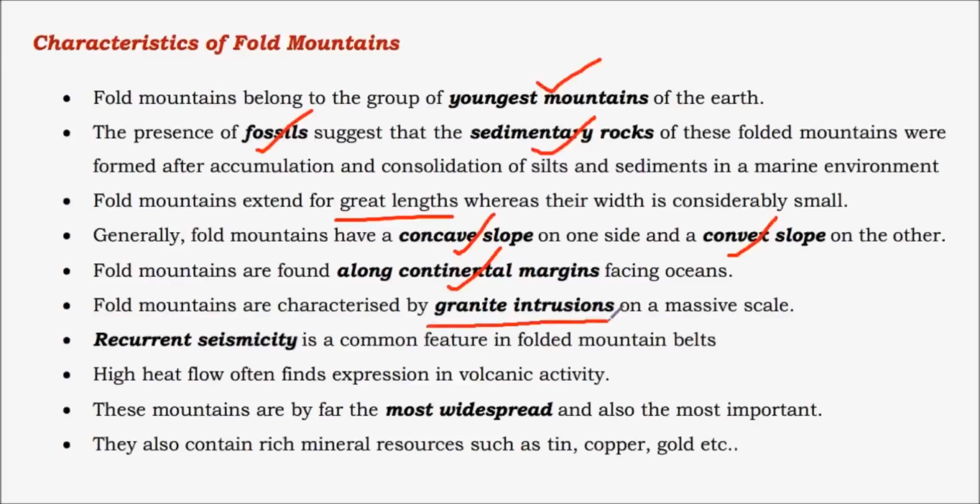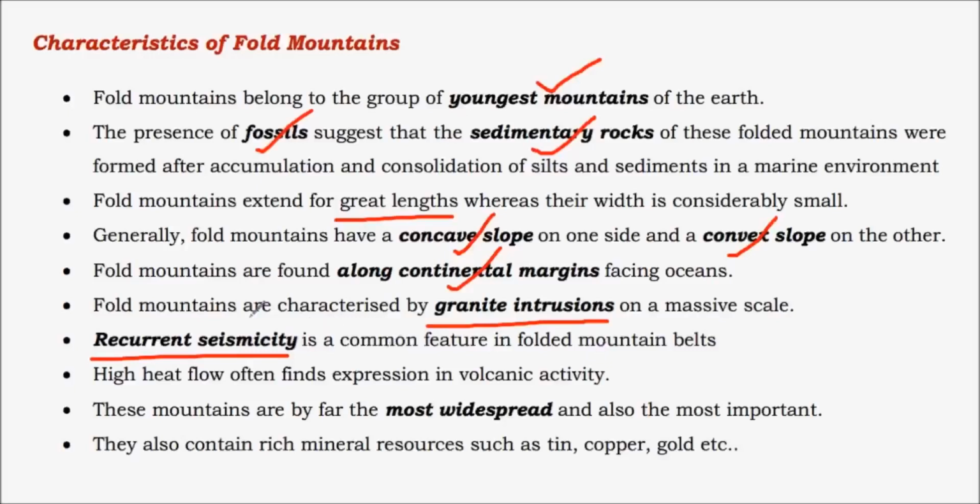and they are found to have granite intrusions because of their sedimentary nature, and they undergo recurrent seismicity. This is because of their very young nature, and as these mountains are continuously evolving and as the plates move towards each other, there are chances of too many earthquakes in these regions, hence they have recurrent earthquakes taking place.